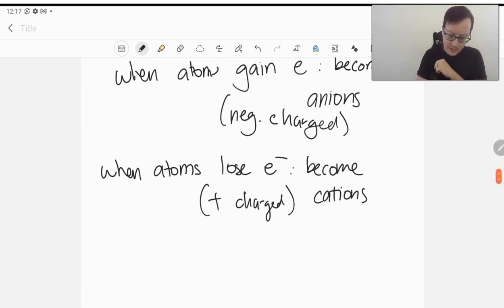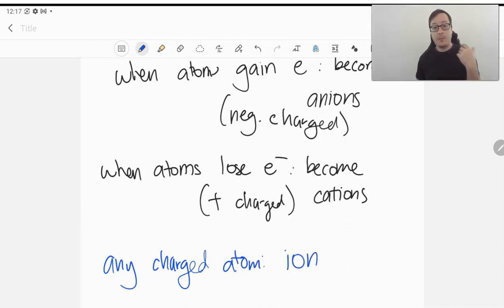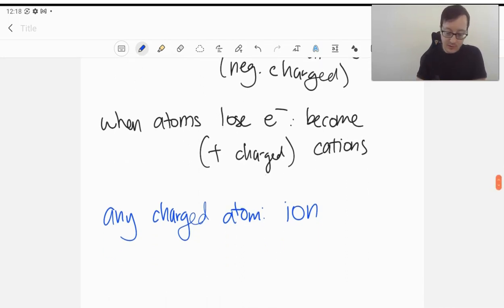So just to reiterate as well, any charged atom is called an ion. Positive ions are called cations, negative ions are called anions. And this happens when electrons change.